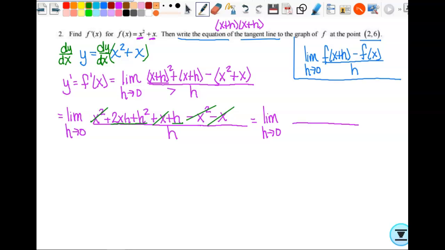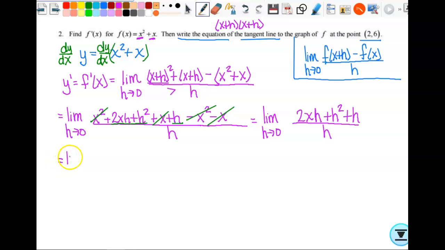I can rewrite them as it is, but could I go ahead and factor an h out of that? Let me rewrite it. Sometimes it's safer to rewrite it just so you don't get lost in your homework. 2xh plus h squared plus h all over h. There's nothing wrong with factoring out at that step, but you don't want to get lost in your work either.